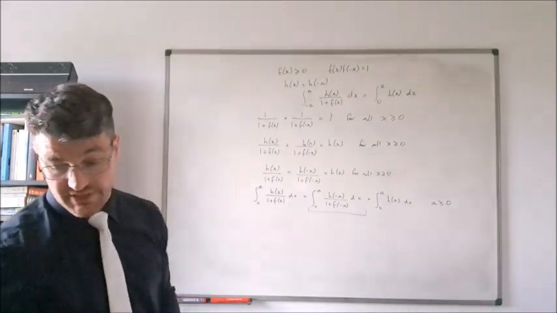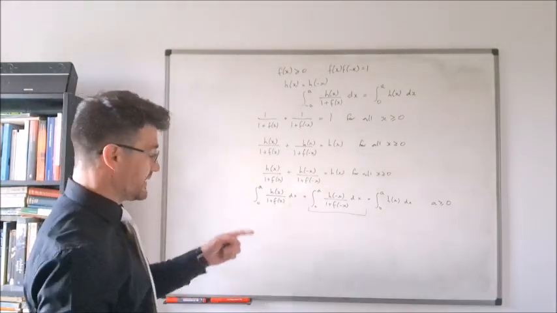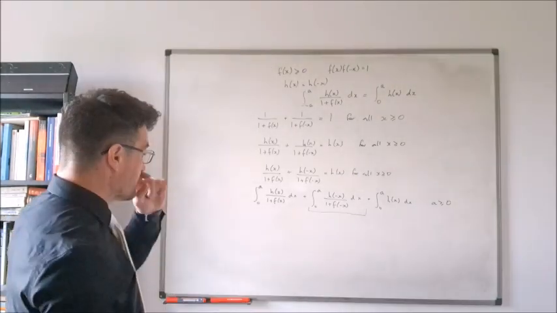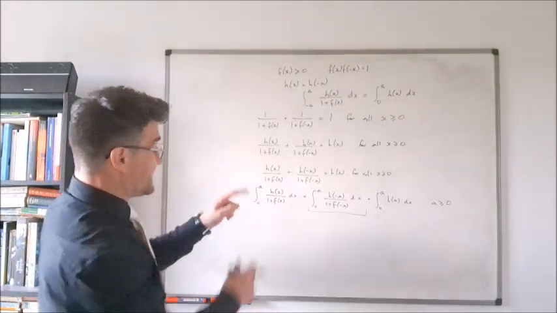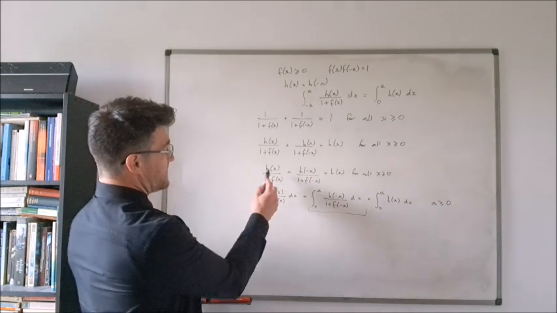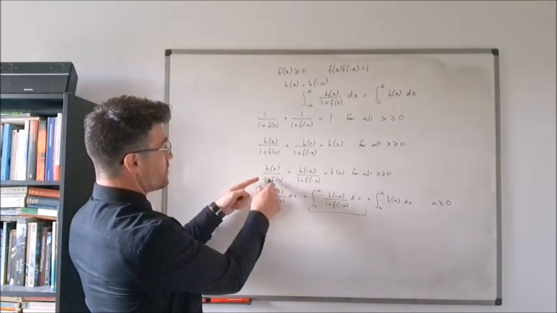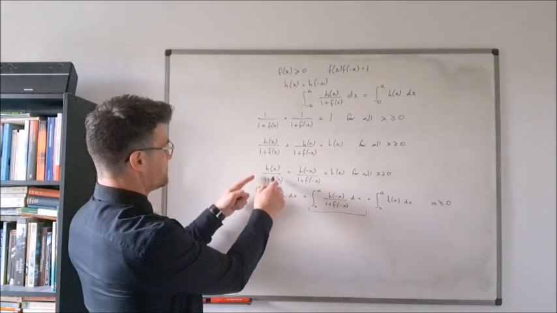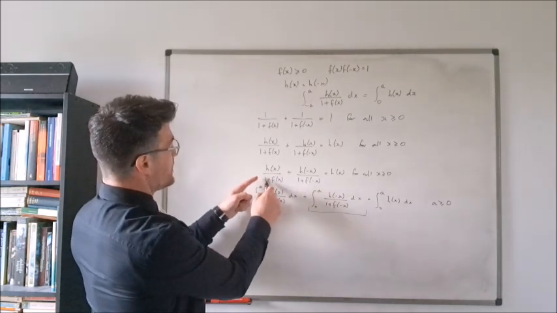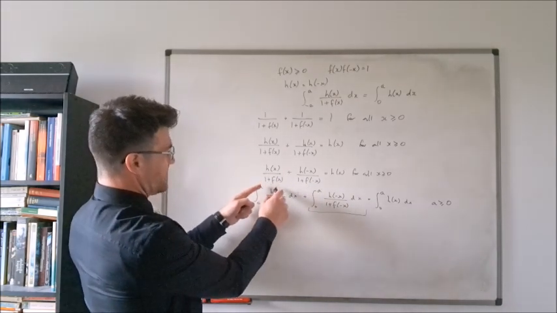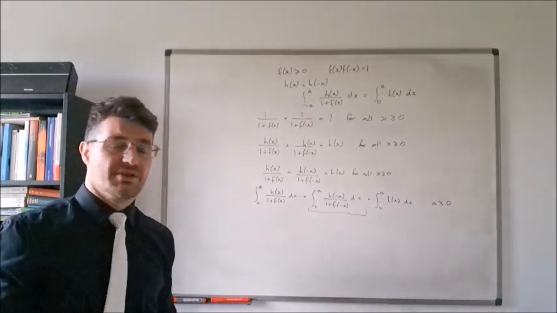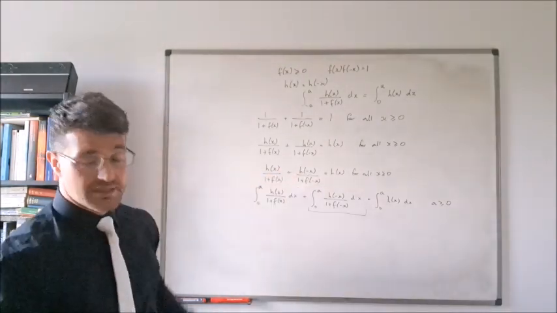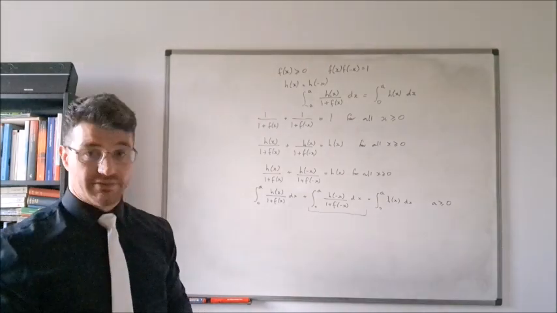Actually, the first thing that I tried to do here, kind of naively, was, at this stage, to write this as 1 over 1 plus f of x, all over h of x. I didn't know exactly what I expected that to do. I did a similar thing here, but it didn't really amount to anything.